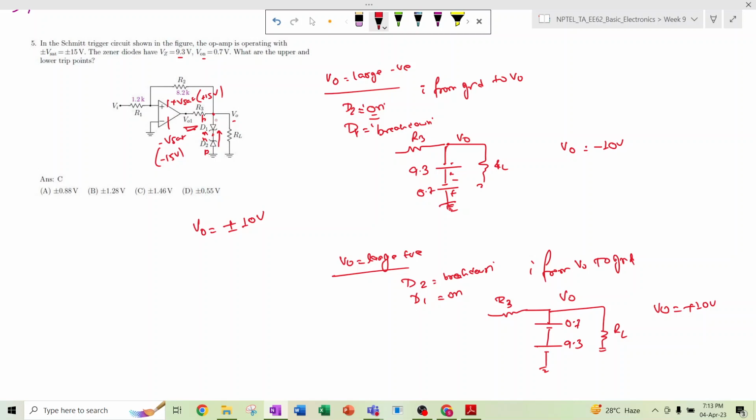Often this combination can be used in the circuit to limit the output voltage and stick to a particular voltage. So with this back to back two Zener diode combination in opposite direction, the VO value should be plus 10 volt to minus 10 volt.